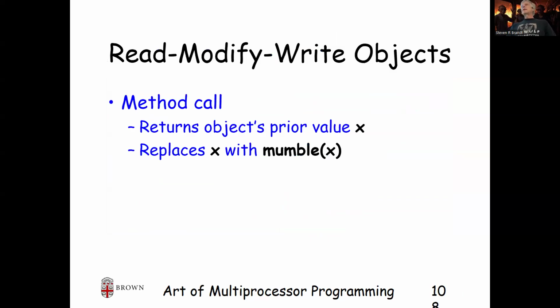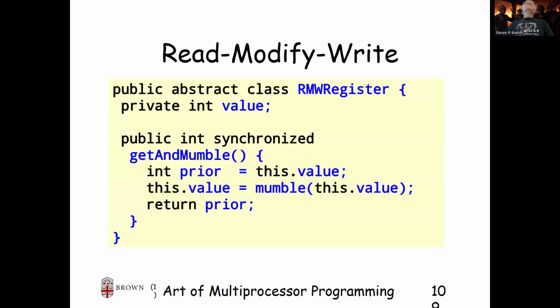So now we're going to go back to something that we have talked about: read-modify-write objects. These are atomic operations like increment, compare and set, and so on. A read-modify-write object looks something like this. We have a class RMW register, we have some initial value, and then we have some method.